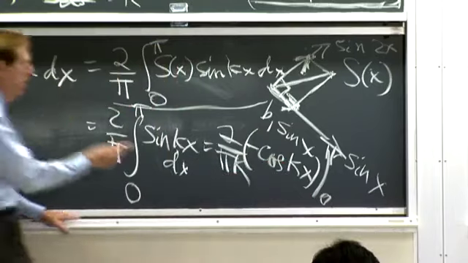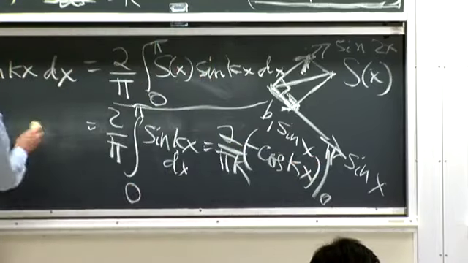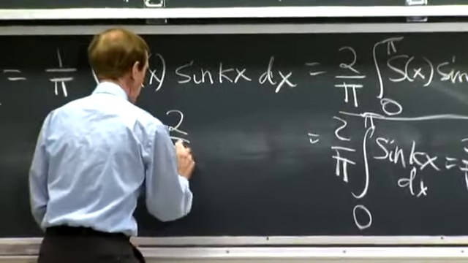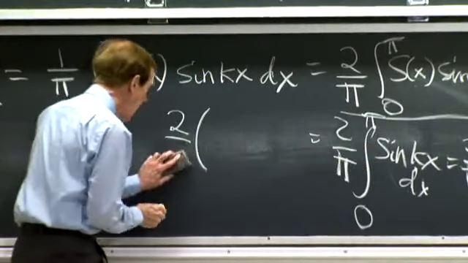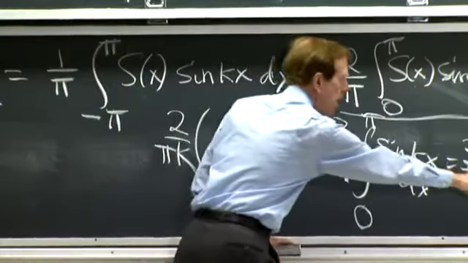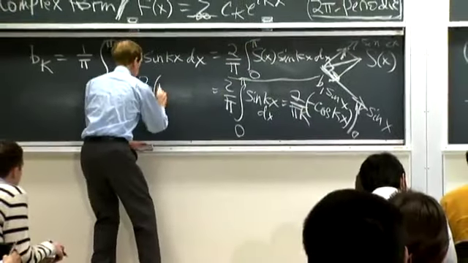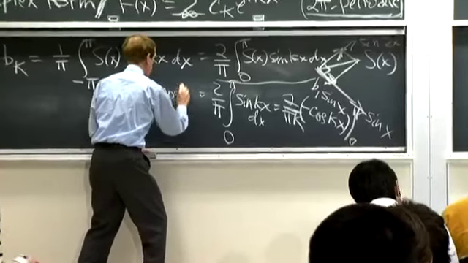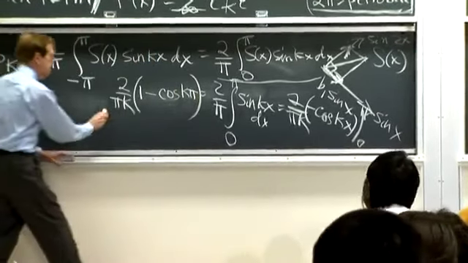And at the other point, at x equal pi. So what am I getting then? I'm getting 2 over pi k, all important, pi k. With that minus sign, I'll evaluate it at x equals 0. I have 1 minus whatever I get at the top, cosine of k pi. That's bk.